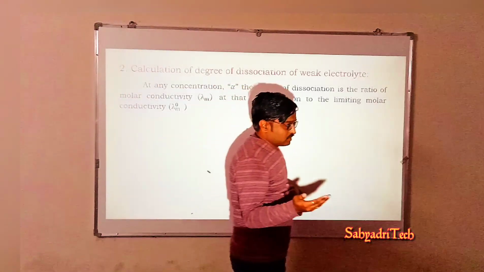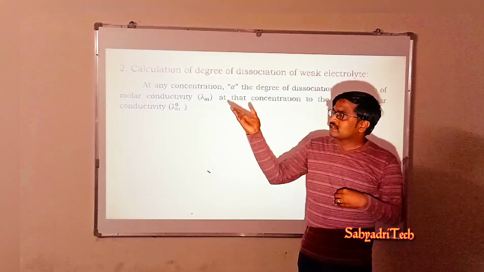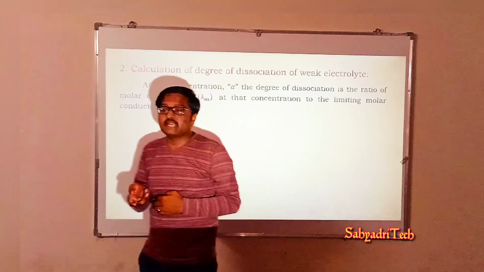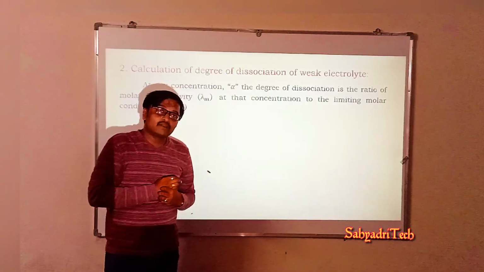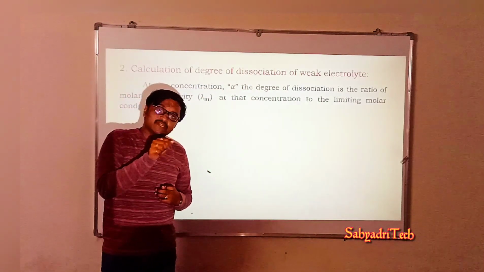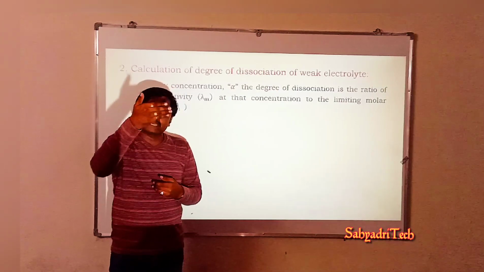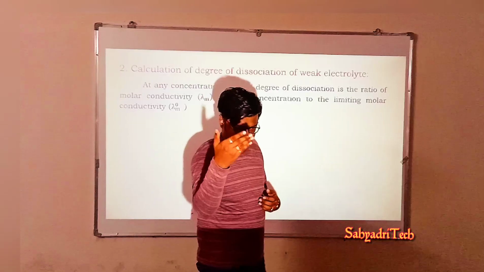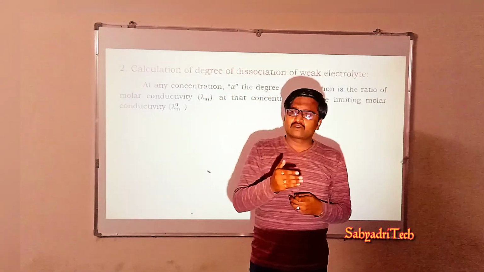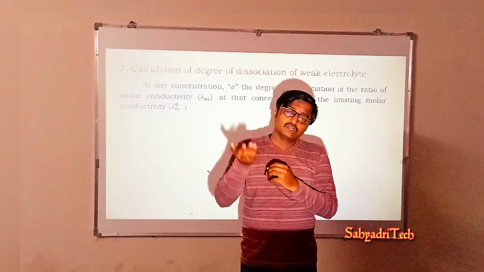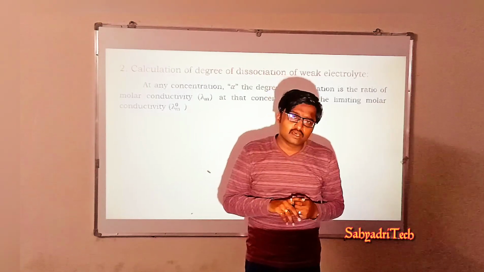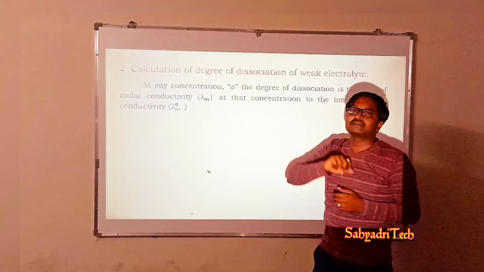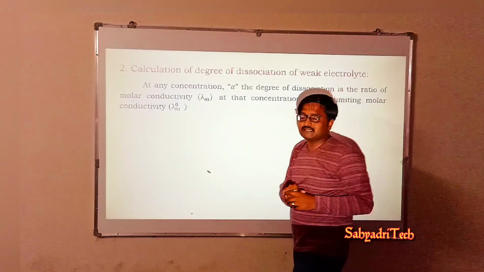Now, if you calculate the molar conductivity of a weak electrolyte, and you know the limiting molar conductivity of that electrolyte, then the ratio of the molar conductivity at a certain concentration to its limiting molar conductivity gives the degree of dissociation, that is alpha.